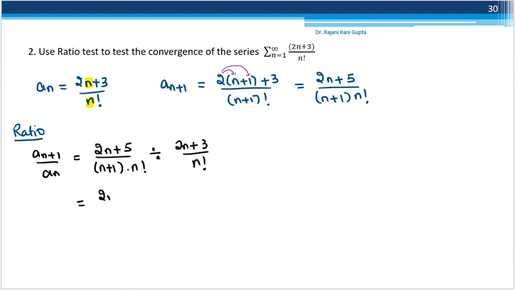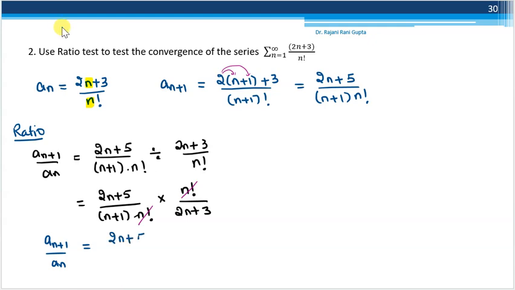Simplifying this gives you (2n+5) over (n+1) times n factorial, multiplied by n factorial over (2n+3). Cancel what you can cancel. You can cancel only the n factorial. So what you see here, the ratio a_{n+1} over a_n turns out to be (2n+5) over (n+1)(2n+3).